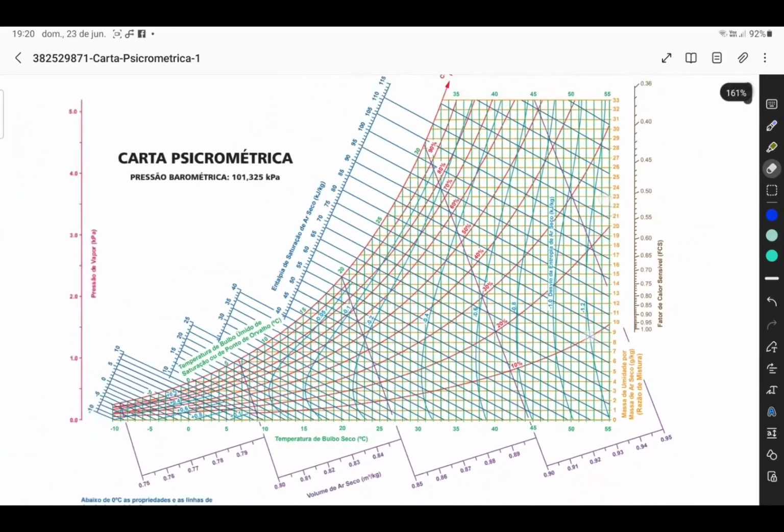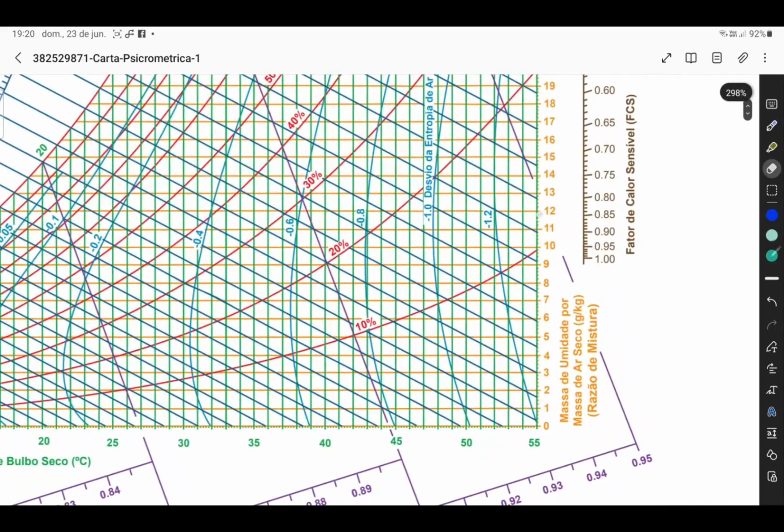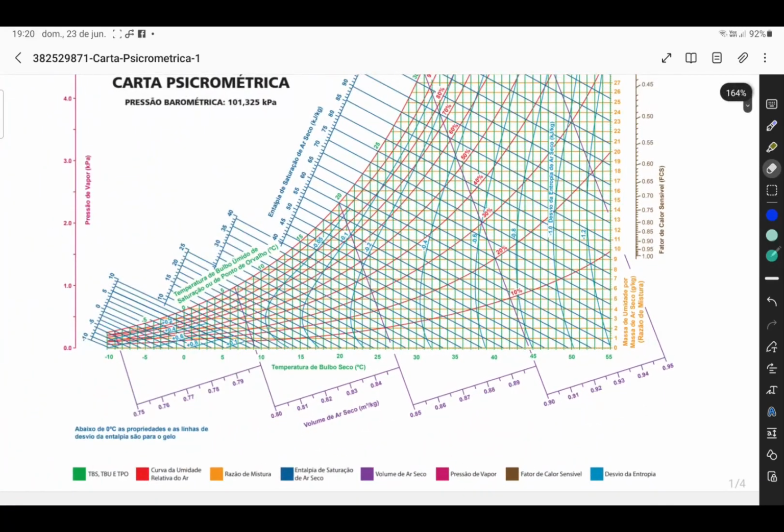The absolute humidity on this vertical axis, in grams per kilogram of air. The specific volume of my air: specific volume is the opposite of density, so the higher the temperature, the greater my specific volume, and the lower my air density.